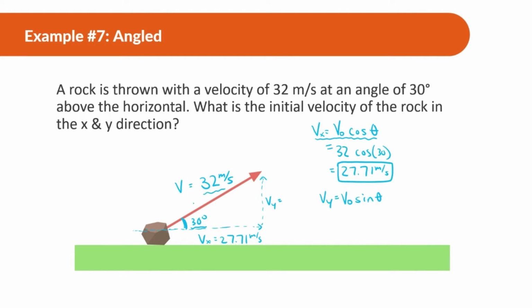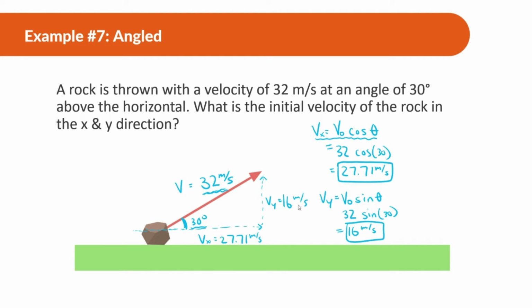The initial velocity in this case is again 32, and the angle is 30. I don't have to put sine of 30 in my calculator, I know it is 0.5, but you can if you like. And this is 16 meters per second. That's the answer right there.